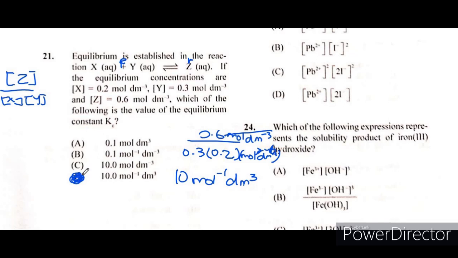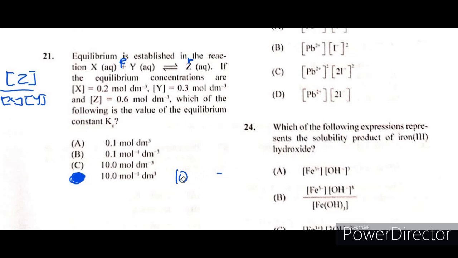Hold on, let me write that out properly, in case you didn't get it. We would end up with mole per dm cube over mole squared per dm to the -6. Mole cancels, you'd have 1 mole left down here. This would cancel down here, and we'd have 3 left.